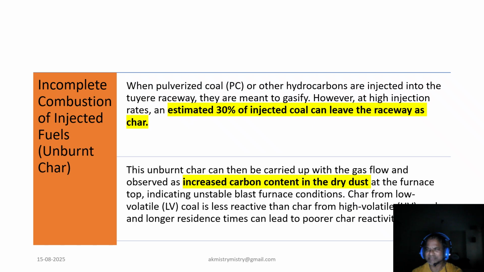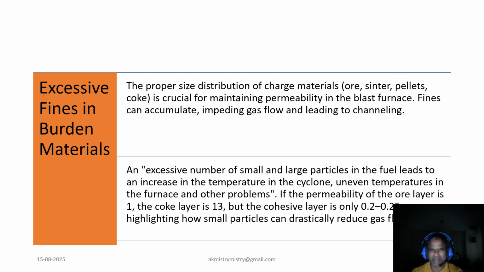This char travels upward, increasing carbon content in dust immensely. And low volatile coal, as we know, is less reactive and needs a longer residence time for its combustion also.